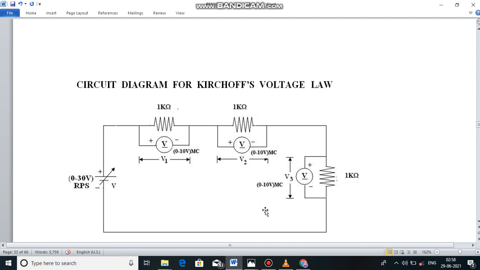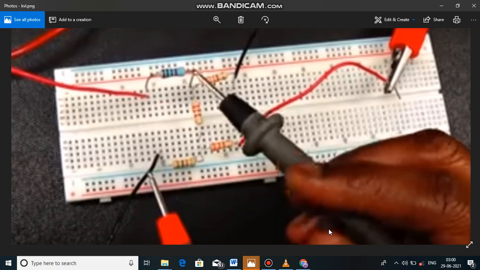Now let me show you the practical circuit diagram. This is the circuit diagram, which means in this way you have to use the breadboard for connecting the resistors. Actually, this is just a model circuit. In order to measure the drop across the resistor, here a multimeter is being used.